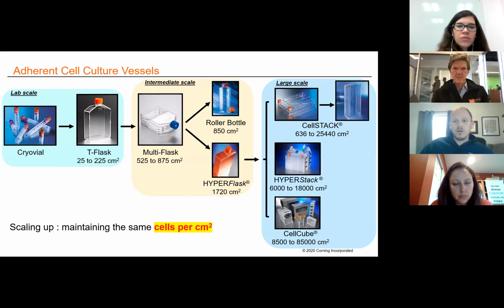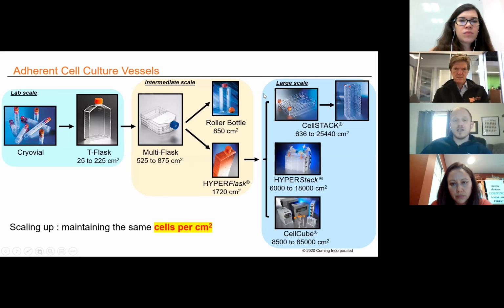And so there are a variety of different options to consider for scaling up adherent cell culture. At lab scale, most often you're using a microplate or 6-well plate, as well as a T-flask. You can then move into intermediate scale, such as something like a multi-flask with multiple layers, or a roller bottle, or a hyper flask.